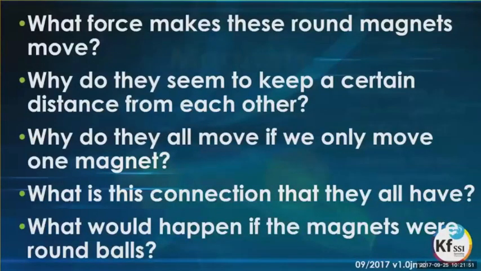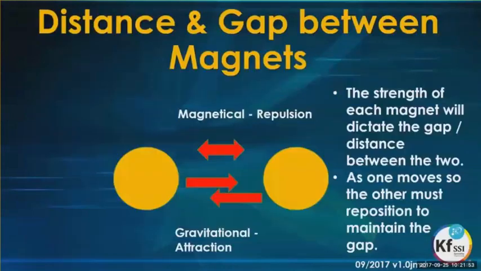And so when we look at the distance and the gap between the magnets, it comes down to the strength of each magnet which will dictate this gap and this distance between the two. So as one moves, the other will reposition to maintain that gap. And so we're having the magnetical in repulsion and also the gravitational in attraction.